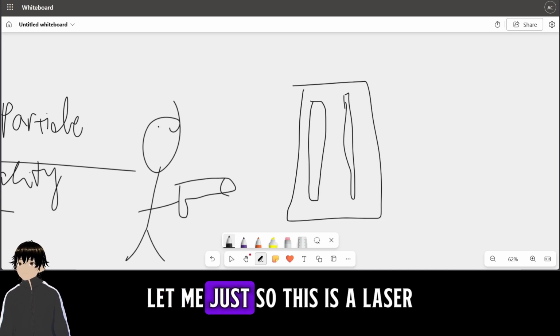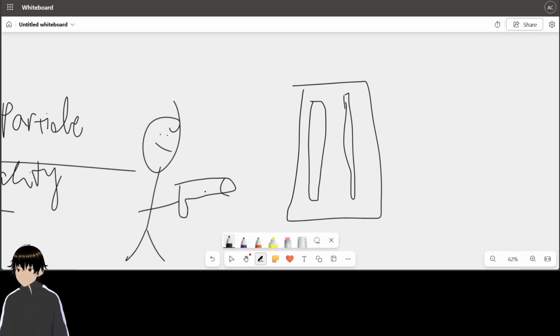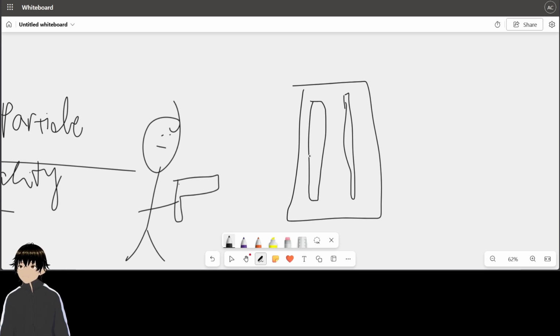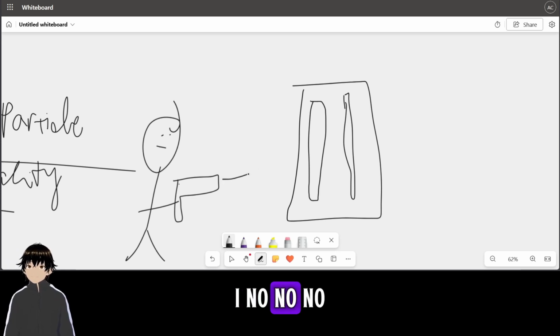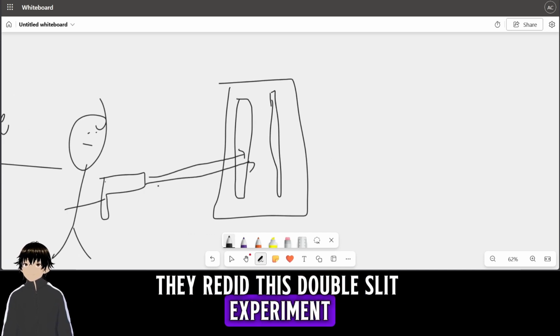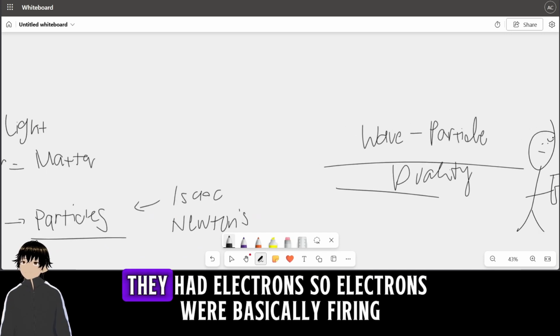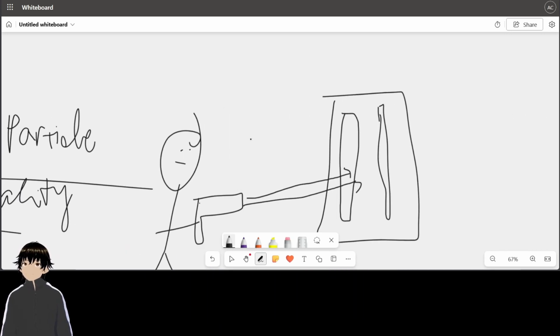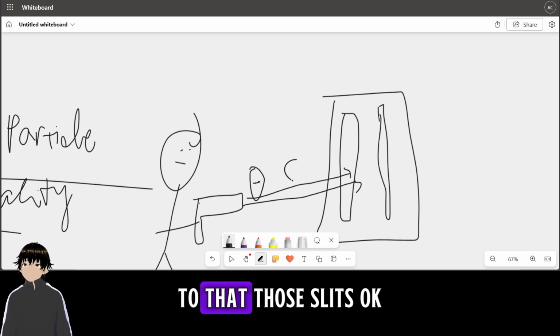They redid this double slit experiment, but instead of light, they had electrons firing through those slits.